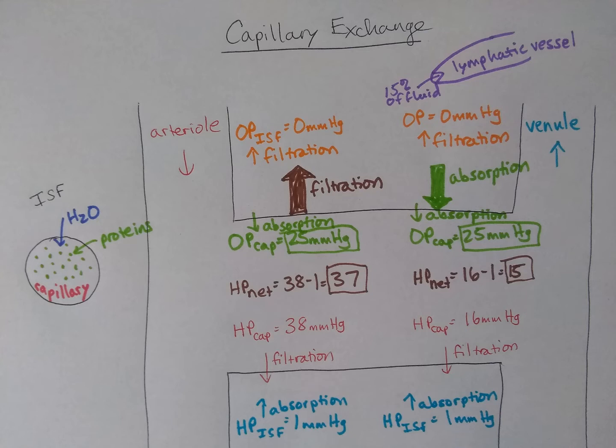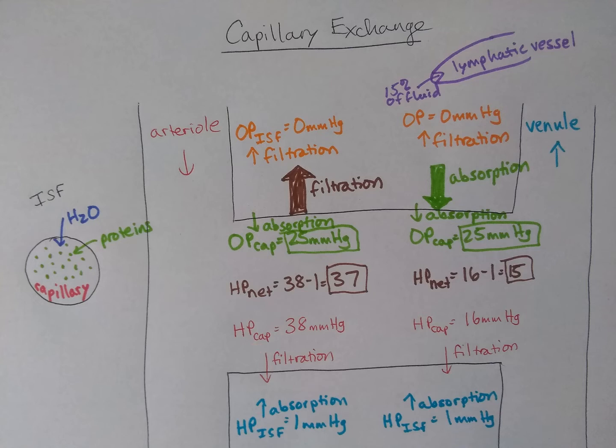The other place that we have fluid and another hydrostatic pressure is out in the interstitial fluid. The hydrostatic pressure of the interstitial fluid is pretty low. It's only 1 millimeter of mercury. And that's because we don't have as much fluid out in the tissue as we do that's in the blood. But the fluid that is out here in the tissue, it would favor absorption and pushing fluid back into the capillary bed.